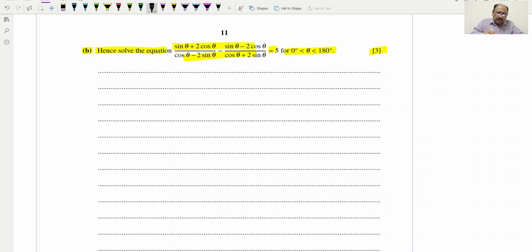So for this side in A part, we have already done 4 over 5 cos square theta minus 4, and this is equal to 5.